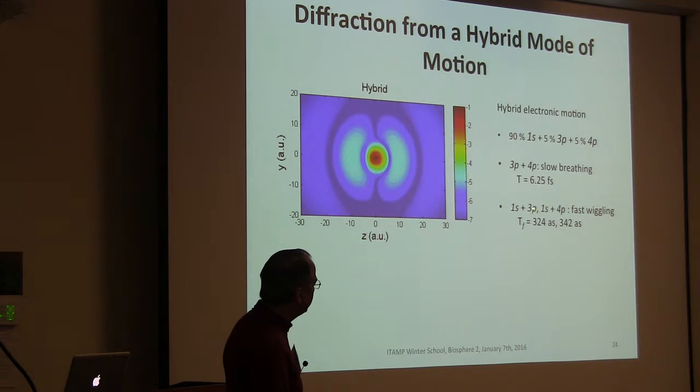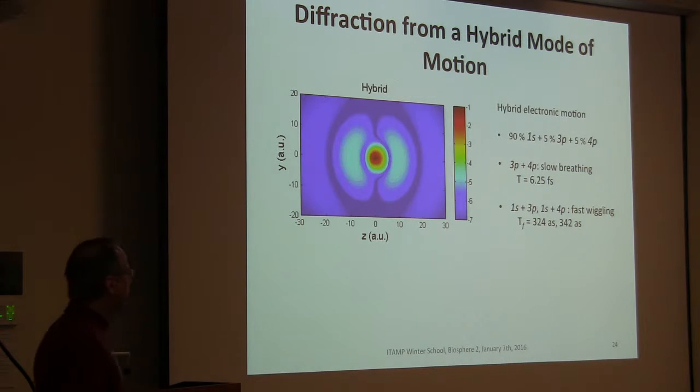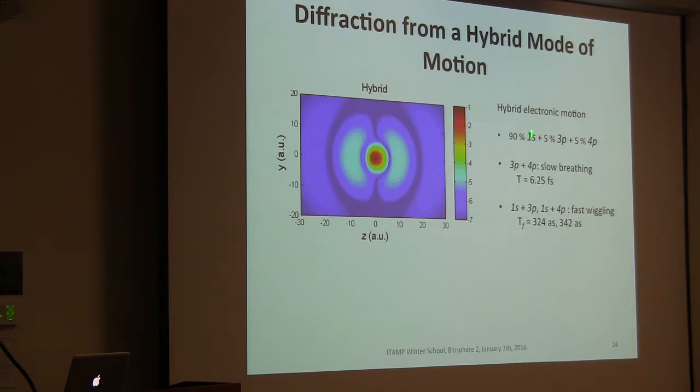But the 1s and 3p state and the 1s and 4p state have opposite parity. So there's a fast wiggling motion with 300 something attosecond beat period. And so one should see both of those in this picture.